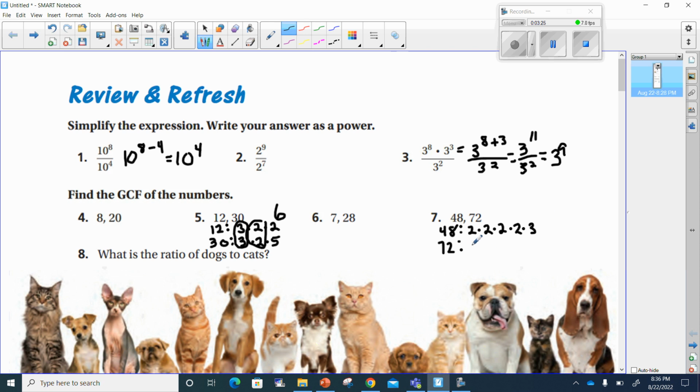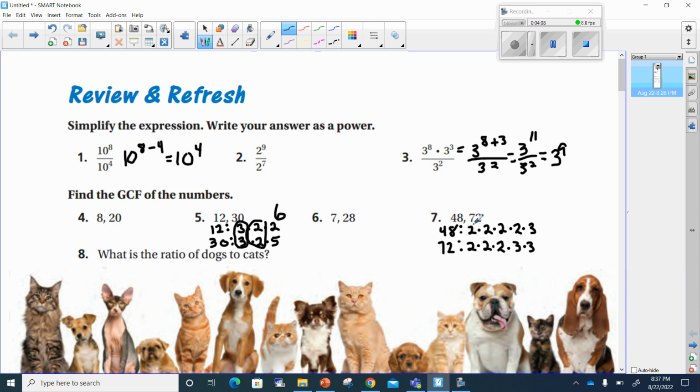That will give me 2 times, let's see, 36. 36 can be found by taking 2 and multiplying it to 18. 18 can be found by taking 2 and multiplying it to 9. 9 can be found by taking 3 and multiplying it to 3. Let's double check that. 3 times 3 is 9. 9 times 2 is 18. 18 times 2 is 36. 36 times 2 is 72.